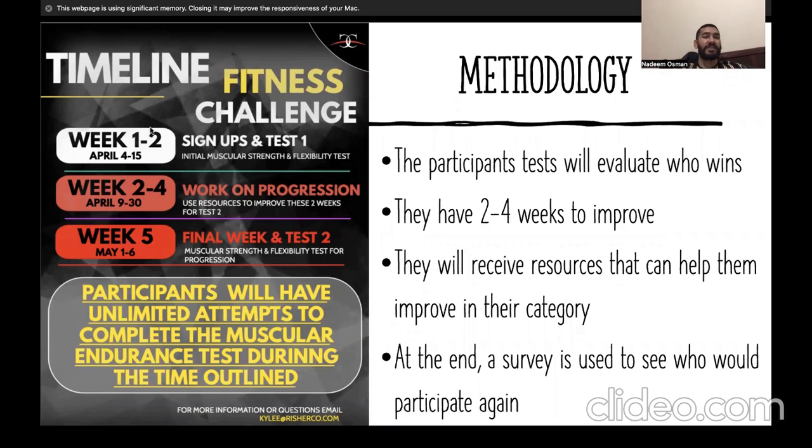And another change that you can see on the poster is that instead of just week 1 being the test, I now have the test bleeding into a second week, which was the extension we had done for our participants. So again, I created this timeline poster to make the dates and due dates easier to see, so everybody knows when they're due.